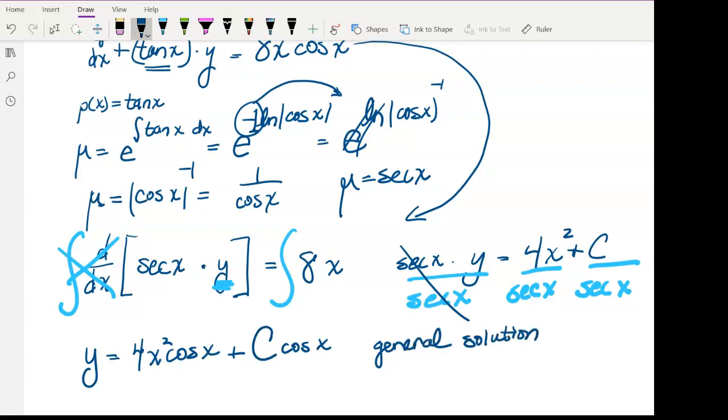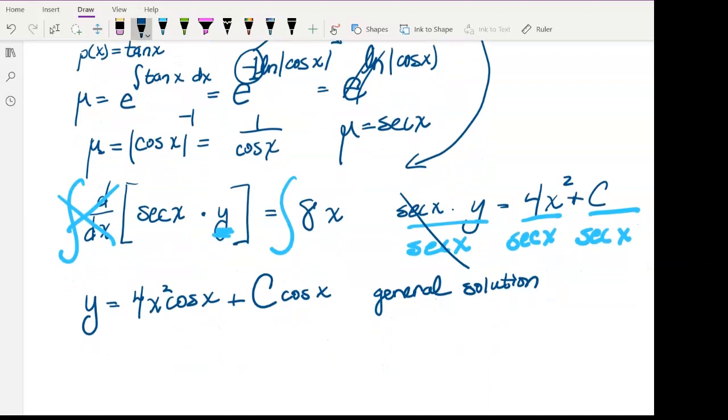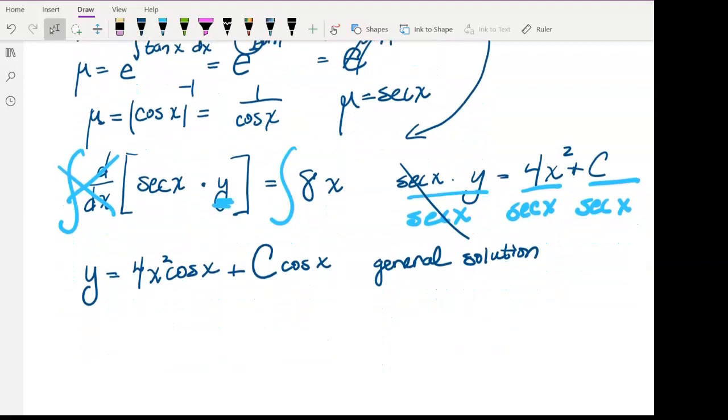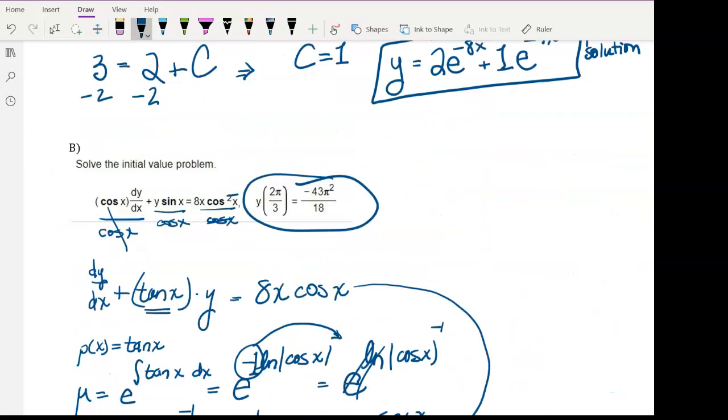We were asked to solve an initial value problem, so we've got one more part to this problem. We're also told at the beginning this boundary value. When this value is 0, it's called an initial value because it's when x is starting off at 0. If it's not 0, it's called a boundary value.